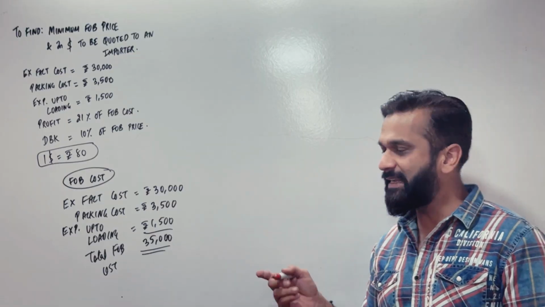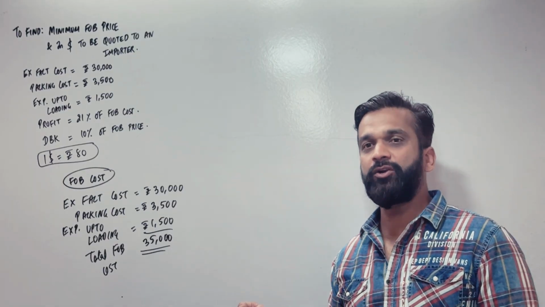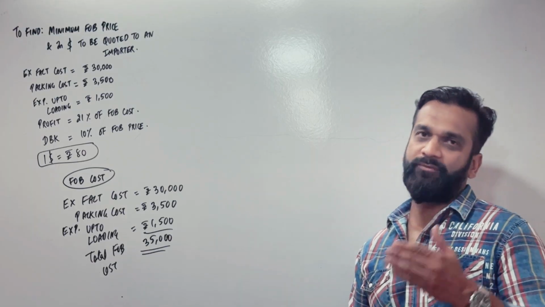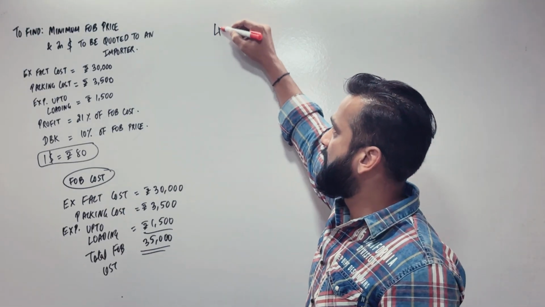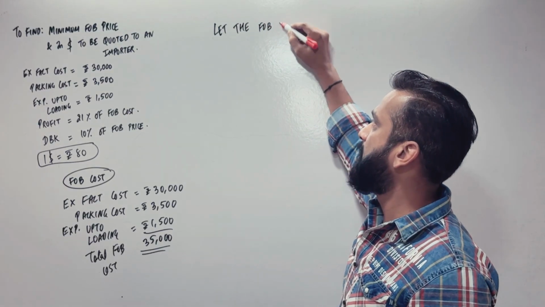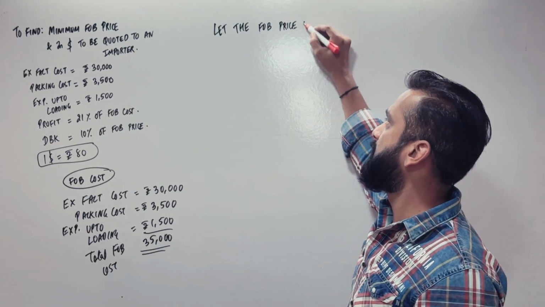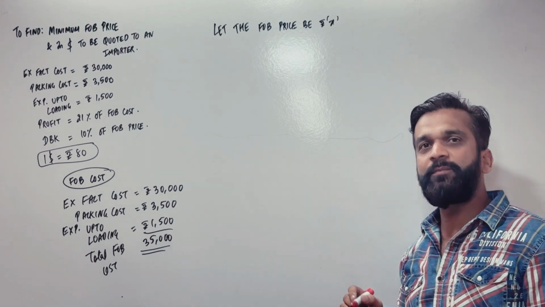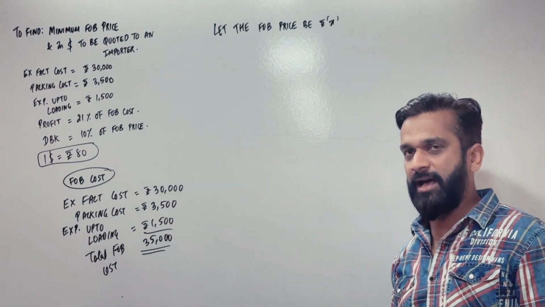Now after getting the FOB cost, we are going to find out the FOB price. Once again, before using the formula, you have to write: let the FOB price be rupees X. So FOB price is rupees X. What is the formula?